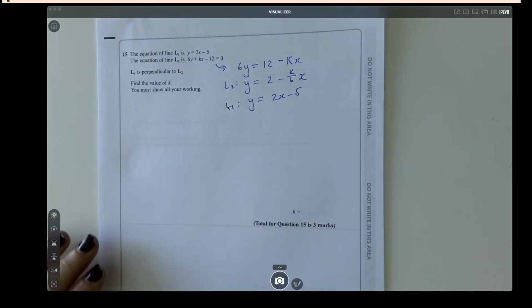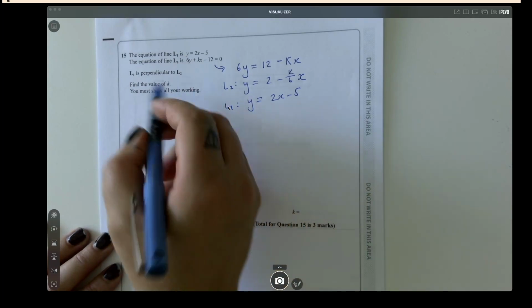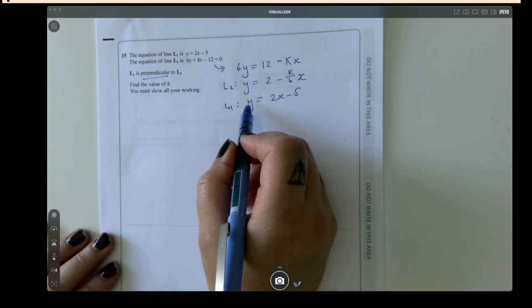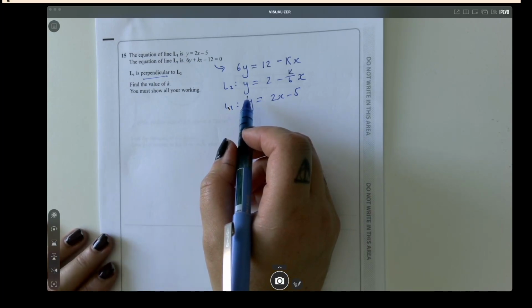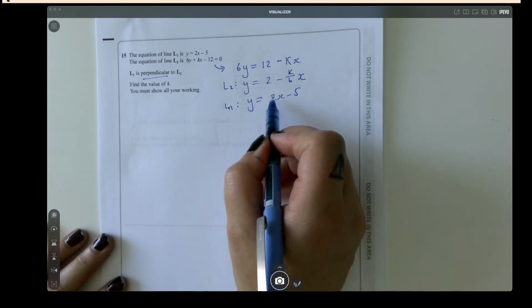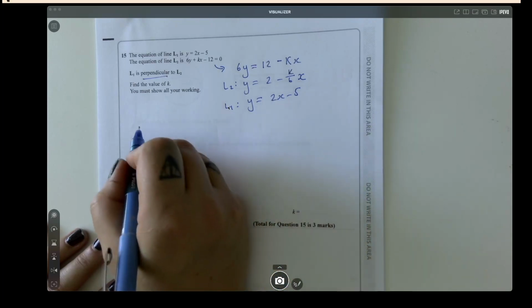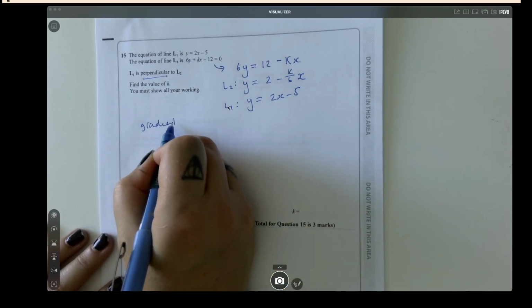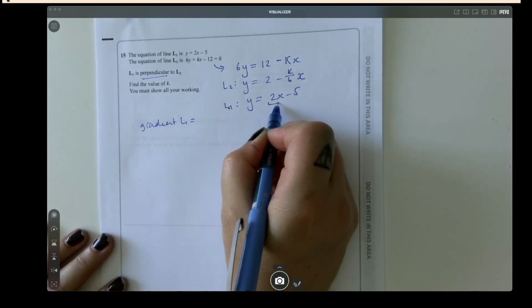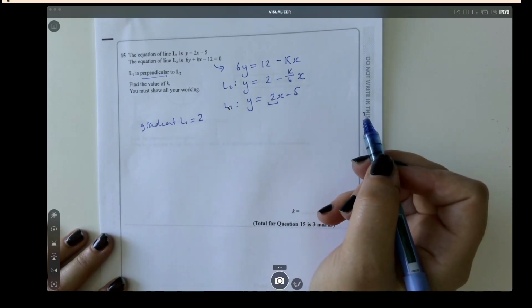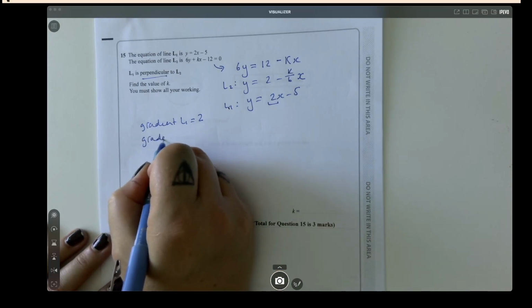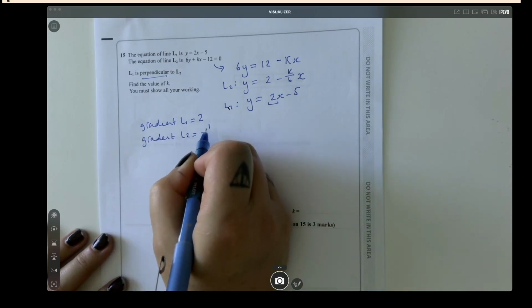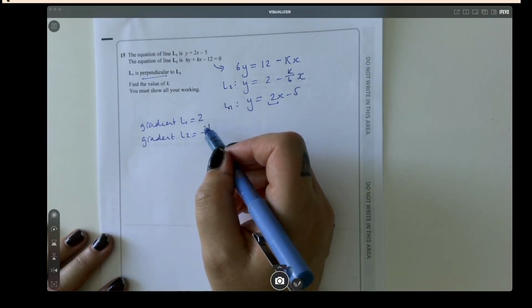Now, if L1 is perpendicular to L2, then it has the negative reciprocal gradient. So if the gradient of L1 is 2, y equals mx plus c, and the m is the gradient, then the gradient of L2 must be negative a half because it's the negative reciprocal.